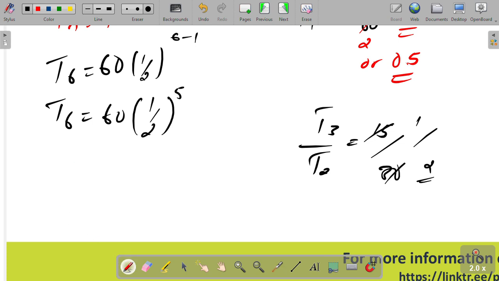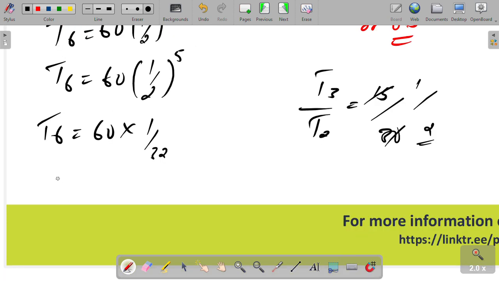Okay, we're going to have T6 is equal to 60 times what? 1 over 32. Okay, 1 over 32, and this means T6 is equal to 60 over 32.